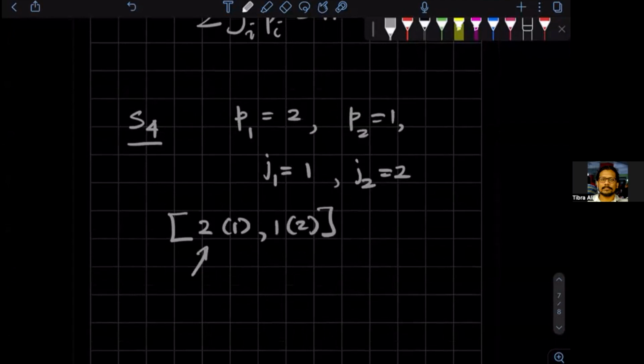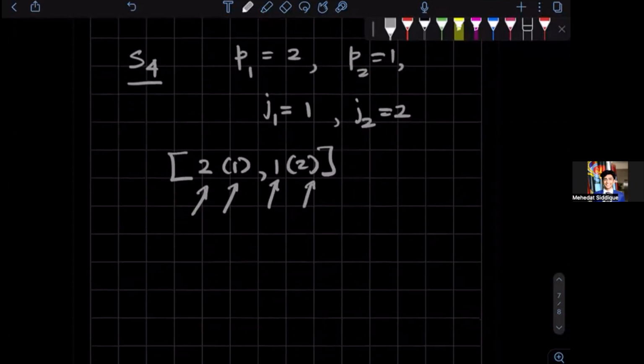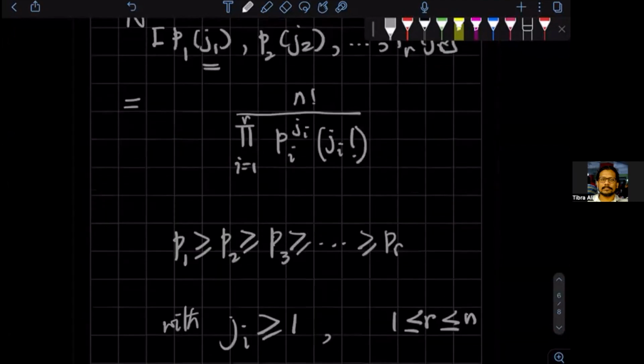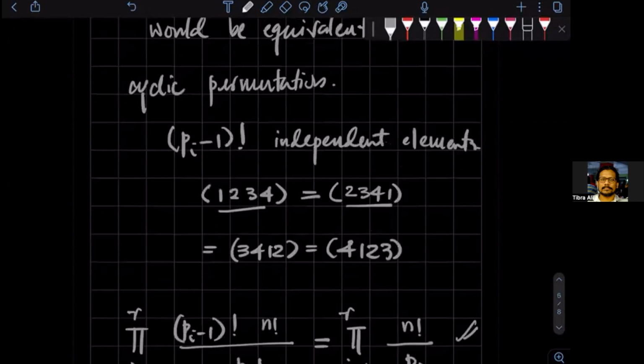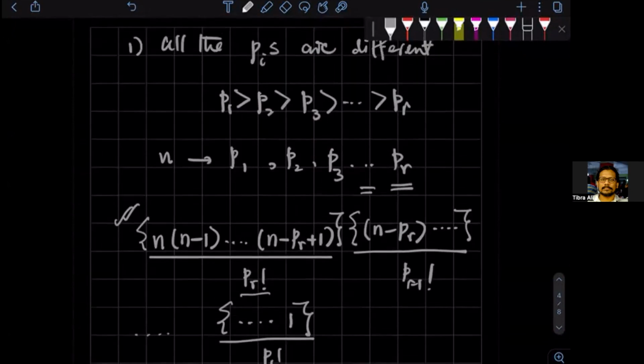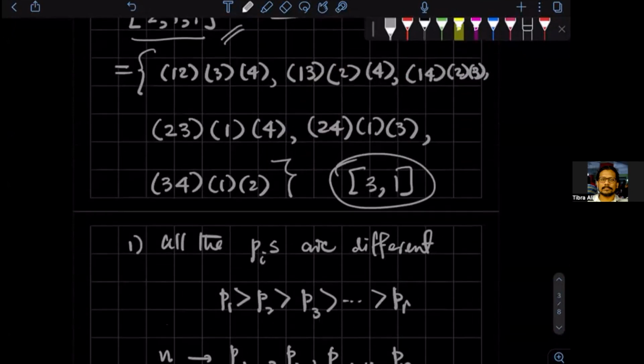So this is the size of the cycle, and this is the number of cycles. So what do these things correspond to? They correspond to these things that we tabulated before. So here you see that we have a 2-cycle and two 1-cycles, okay? So the p's correspond to the size of each cycle, okay?